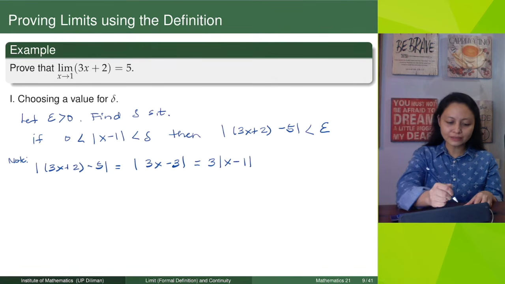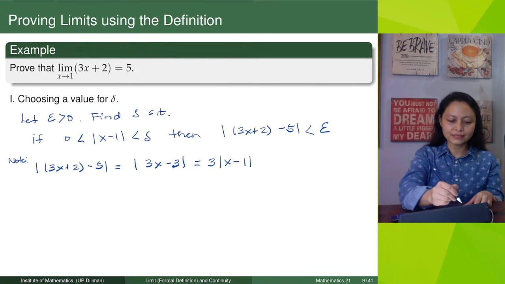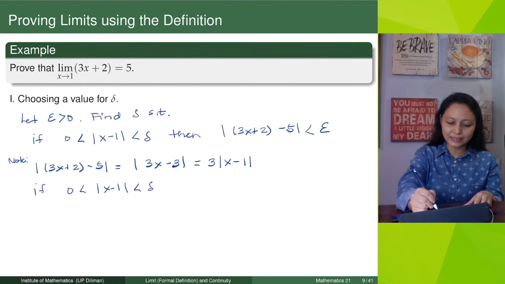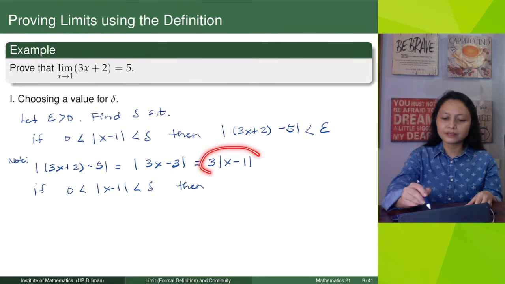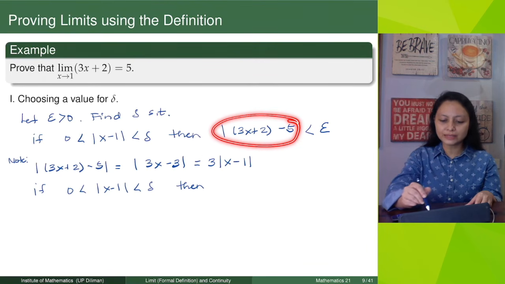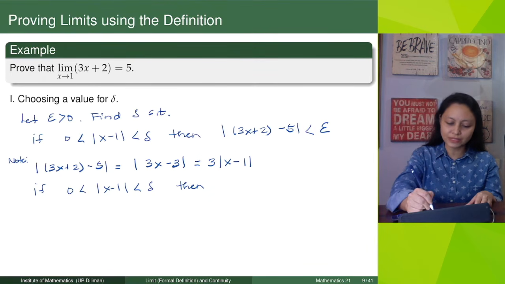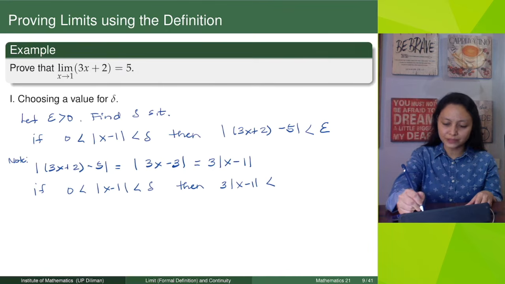Okay, so going back to this statement, so if 0 is less than the absolute value of x minus 1, less than delta, then we replace this absolute value by 3 times the absolute value of x minus 1. So 3 times the absolute value of x minus 1 should be less than epsilon. Okay, now here, we can divide both sides by 3.